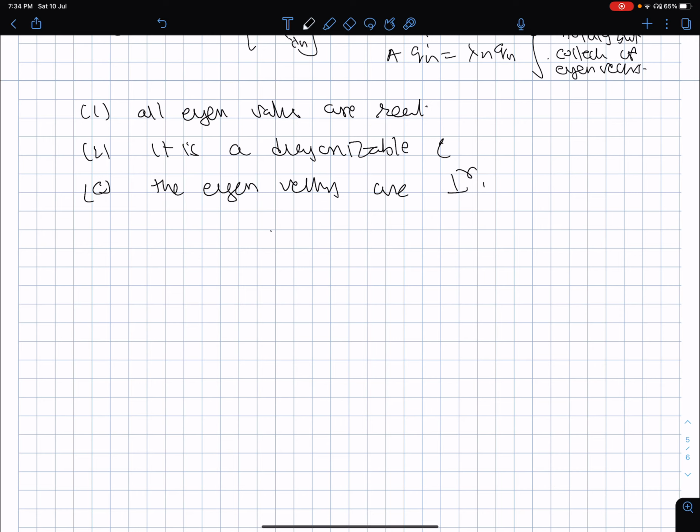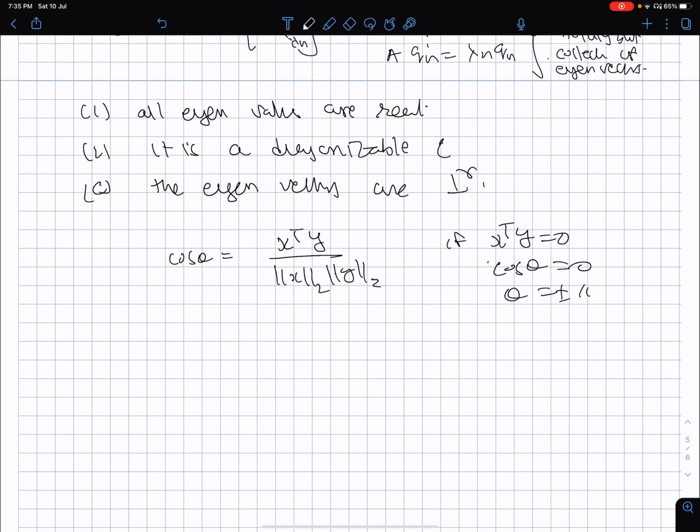If you have two n-dimensional vectors x and y, then the angle between the two vectors can be written as cos theta equals x transpose y divided by the Euclidean length of x vector and length of y vector. So if x transpose y is 0, then cos of theta is 0, which means that theta is plus minus 90 degrees, which means that the two vectors are orthogonal to each other.